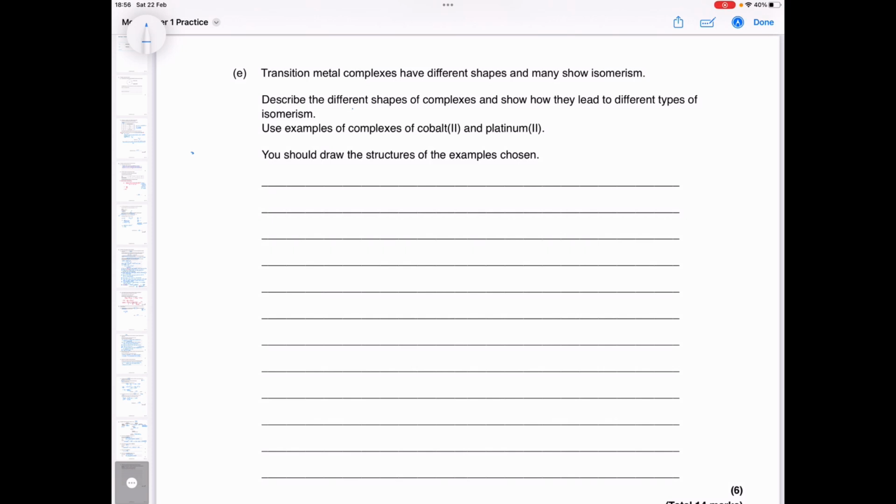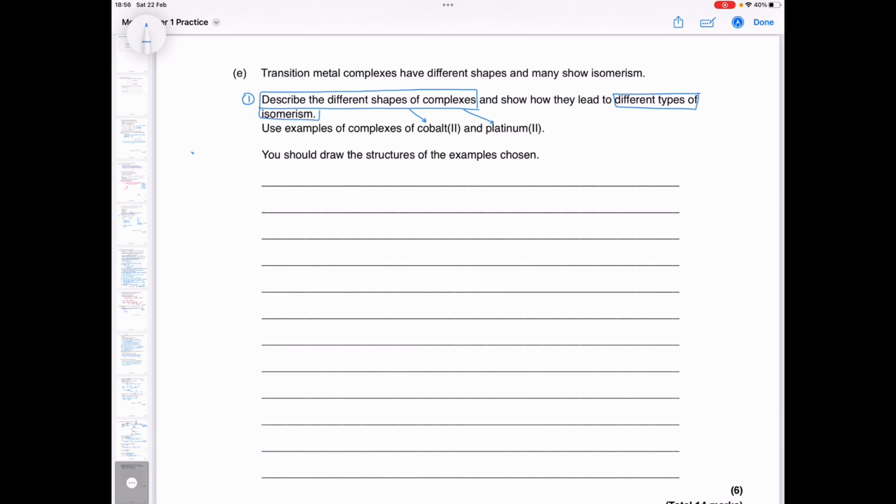So let's try and pick out what the 3 stages might be. Describe the different shapes of complexes: I would think it's likely that is stage 1. And again, you'll have to use cobalt-2 and platinum-2. And show how they lead to different types of isomerism.